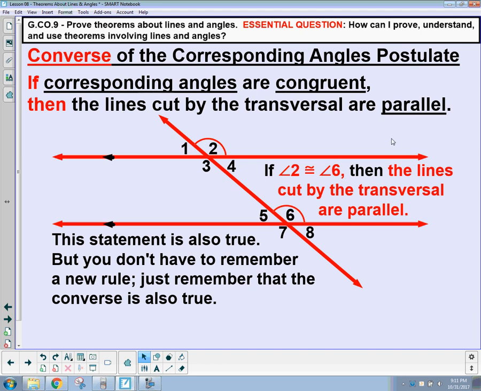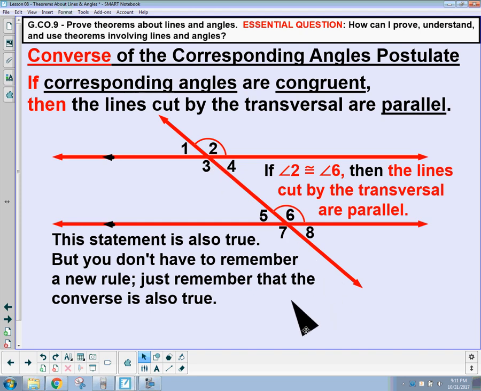Meaning, if you didn't know that these lines are parallel yet, but you took angles 2 and 6 and said they're congruent, then that means the lines cut by that transversal are parallel.